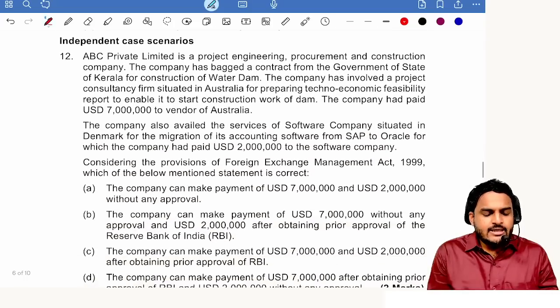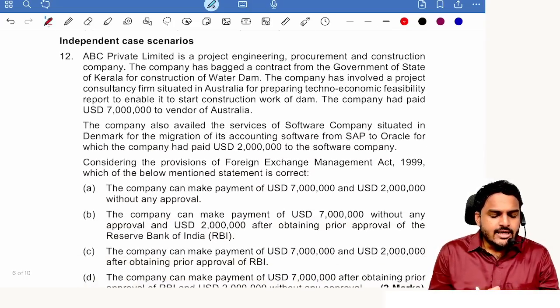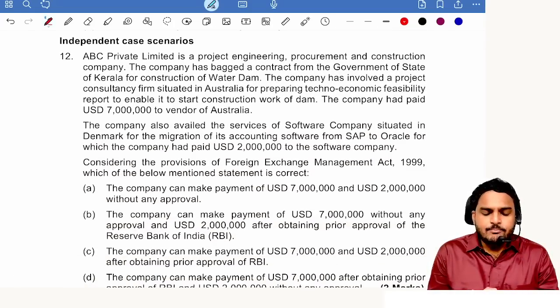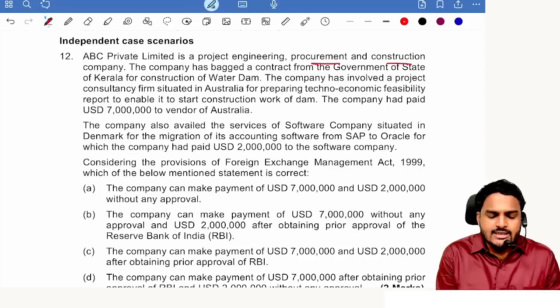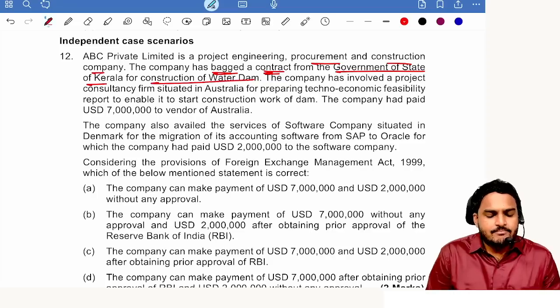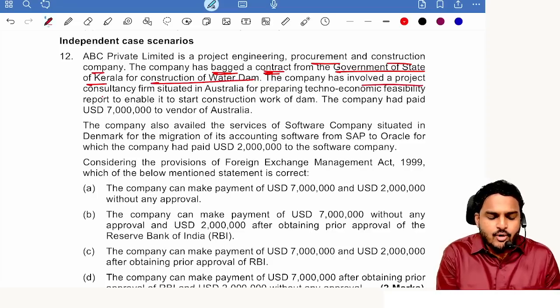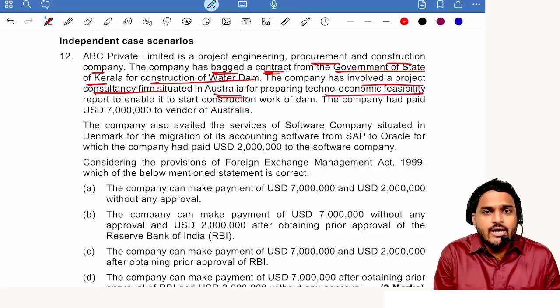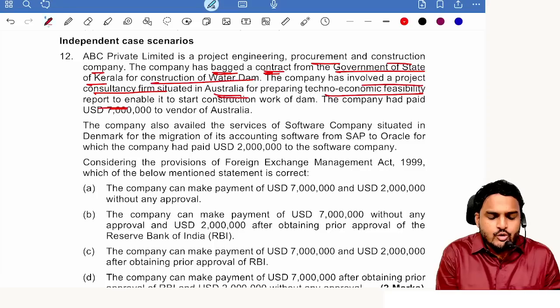Next, independent case scenario questions. Let's see. ABC Private Limited is a project engineering, procurement and construction company. The company has bagged a contract from Government of State of Kerala for construction of water dam. The company has engaged a project consultancy firm situated in Australia for preparing techno-economic feasibility report to enable it to start construction work of the dam.